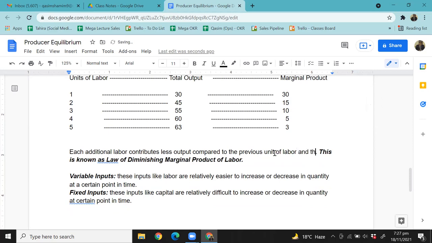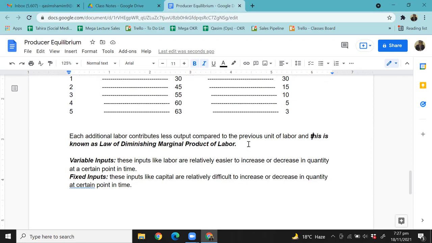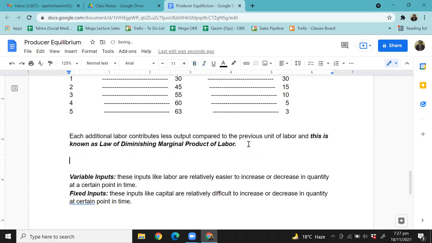And this is known as law of diminishing marginal product of labor, right? Will this always exist? The next question you should be asking yourself, will this always exist?